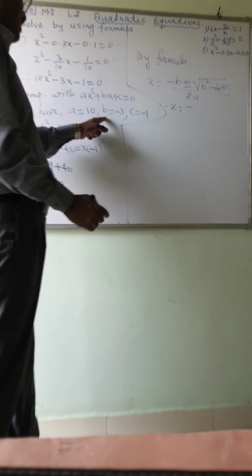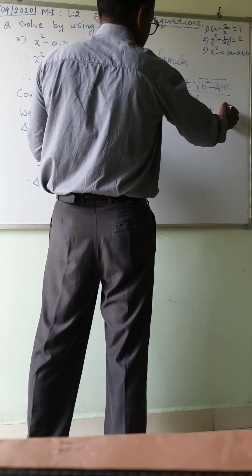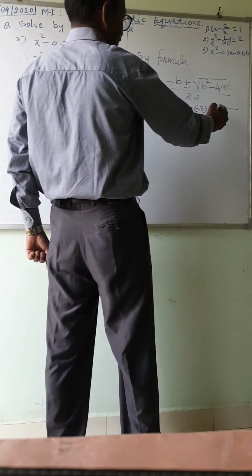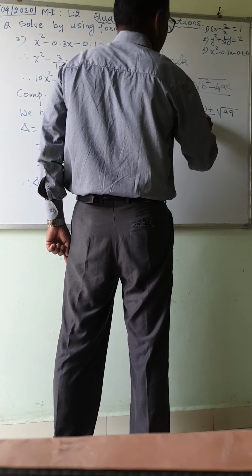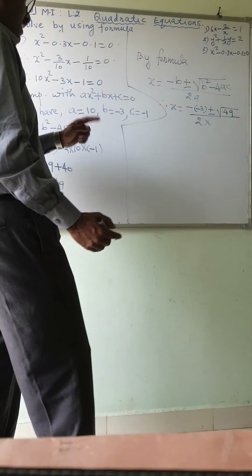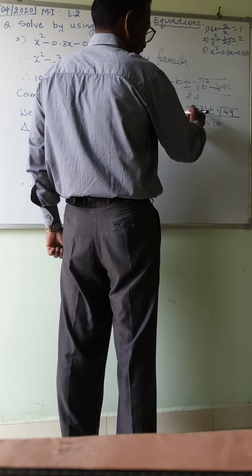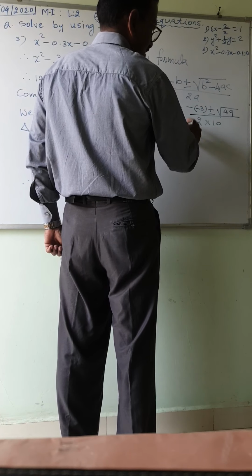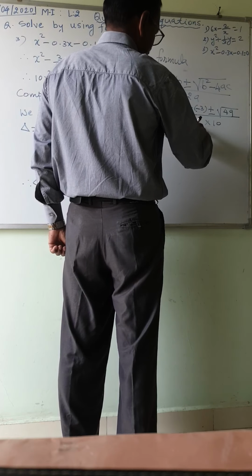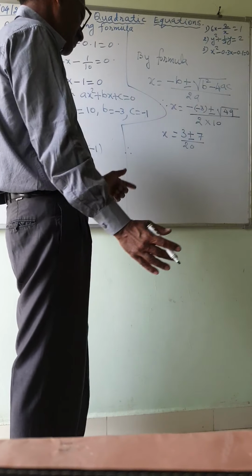The value of b is minus 3, plus or minus root of b square minus 4ac. How much is it? 49, upon 2 into a, which is 10. That is equal to minus into minus, this will become plus. So x is equal to plus 3 plus or minus 7 upon 10 twos are 20. Now these are the two equations, we will separate them.